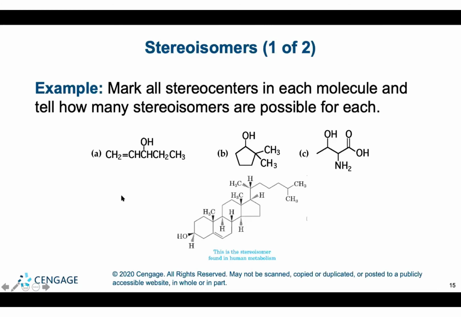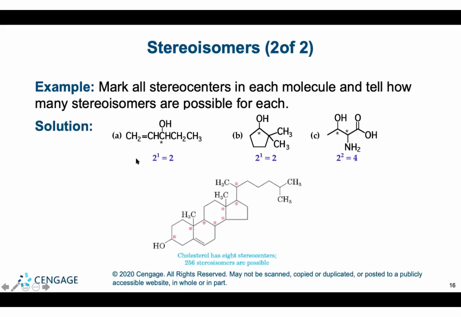Let's see if we can find how many stereoisomers we have for each of these. You can see that I have only one stereo center here, so I have a maximum of 2 isomers. In the second one, I have only one stereo center or chiral carbon. I have a maximum of 2 stereoisomers.